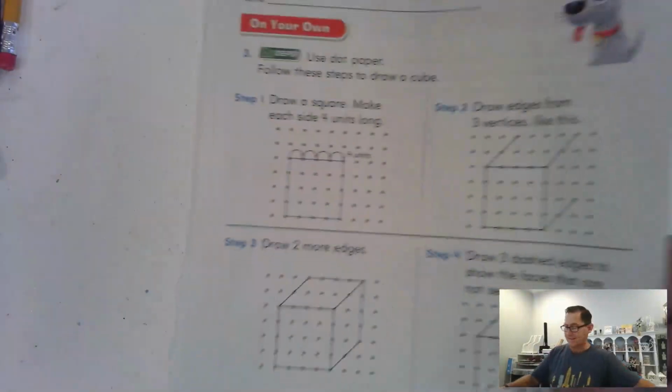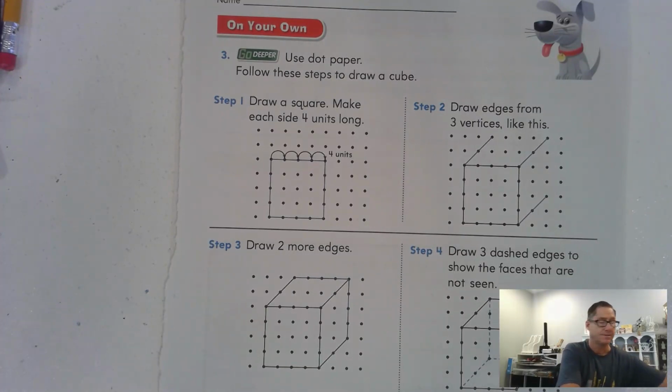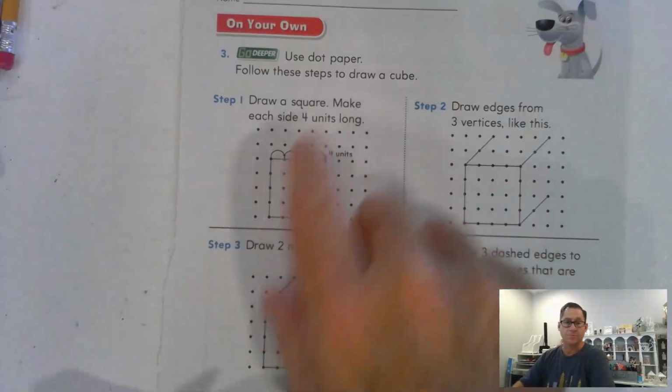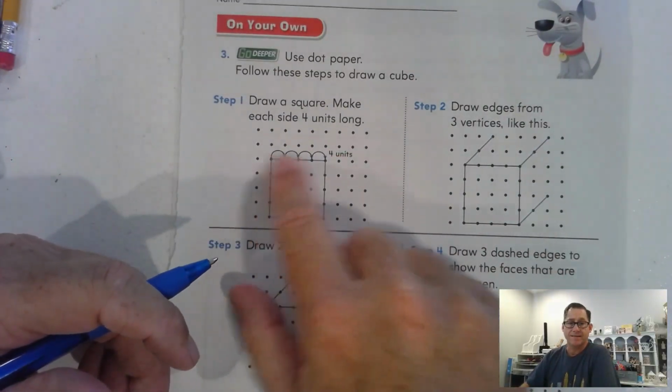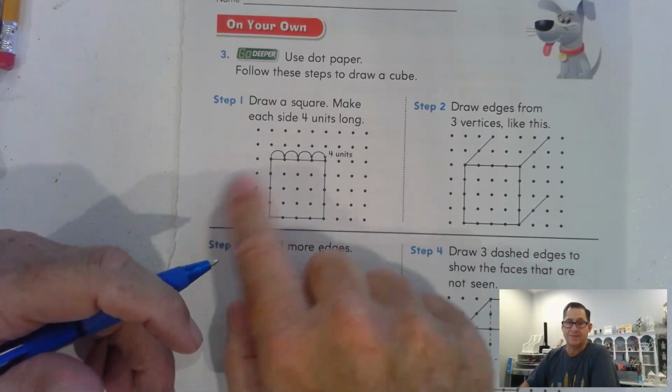On this activity, we're going to use dot paper, and we're going to draw a square and make each side 4 units long. So basically, we're learning how to draw a cube. We have a face that is 4 by 4 by 4. Every side is 4.